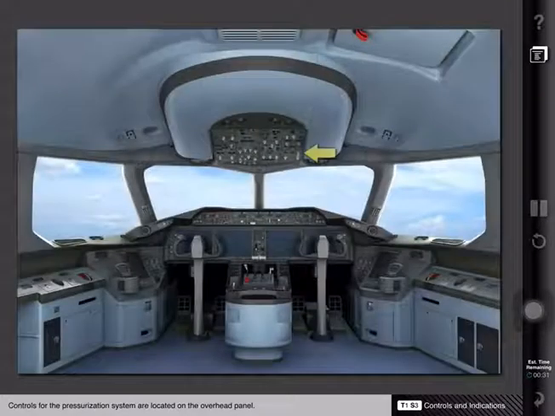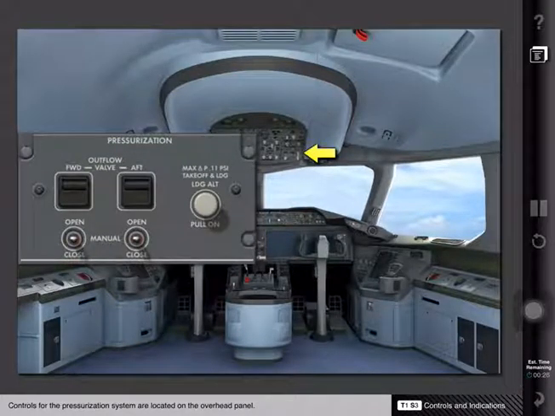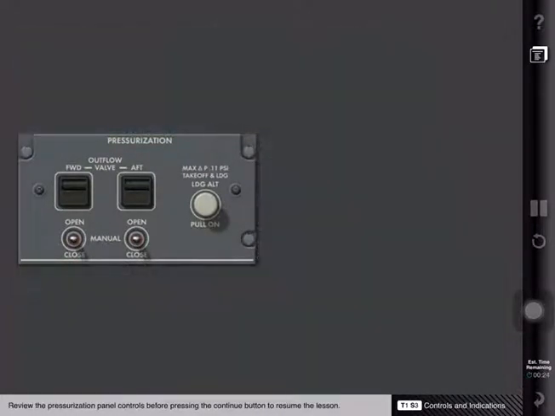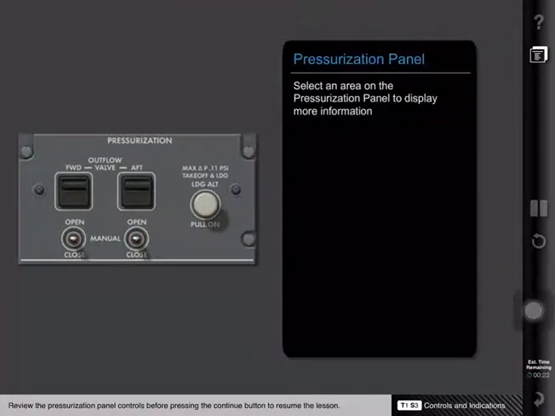Controls for the pressurization system are located on the overhead panel. Review the pressurization panel controls before pressing the Continue button to resume the lesson.